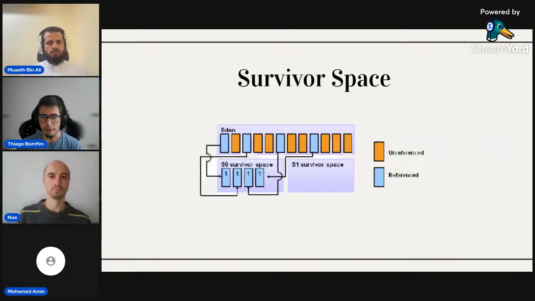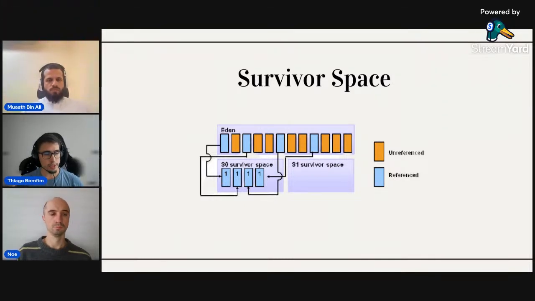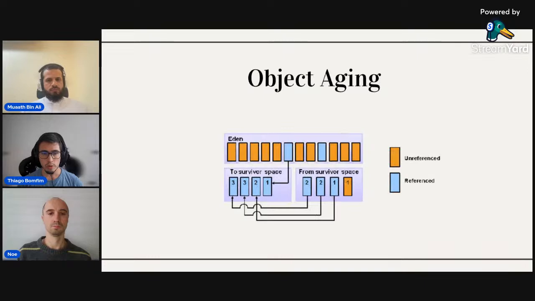And how about the survivor space? What is that? You have two survivor spaces, and the objects start to pass from one to the other if the garbage collector is running and the object has a reference. Let's say the garbage collector is running and we have objects in the S0 survivor space, and these objects still have a reference. So we have object aging.